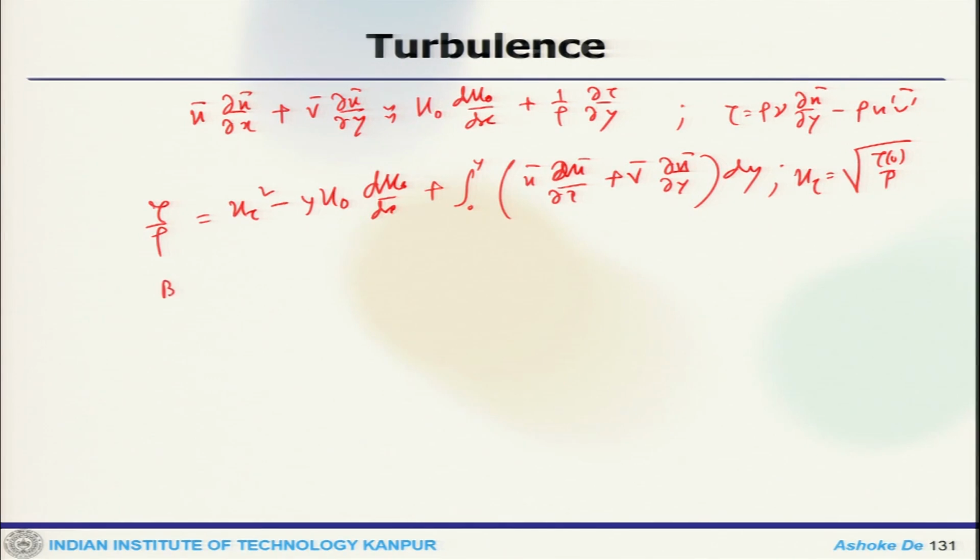Now, we use the boundary condition at the boundary layer top, where tau at delta is 0.